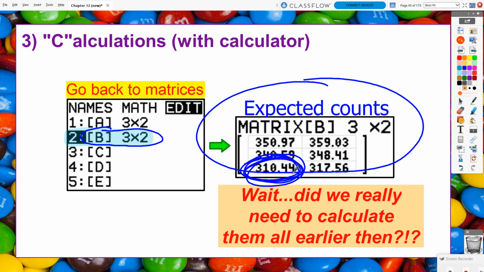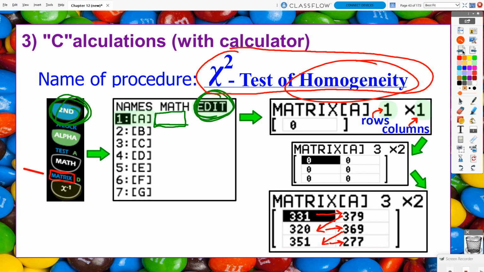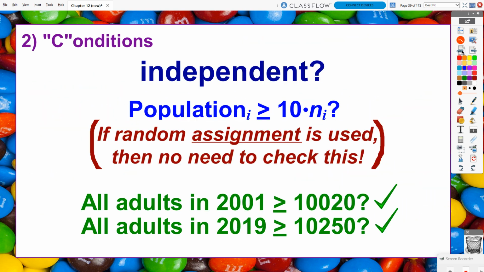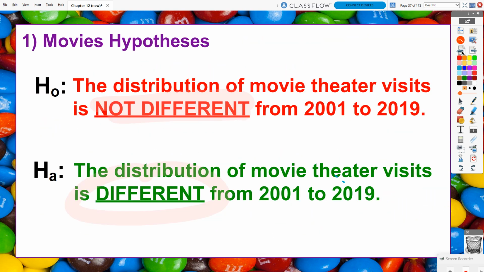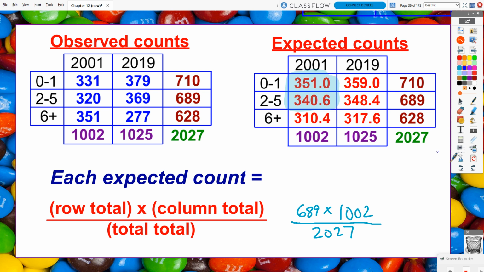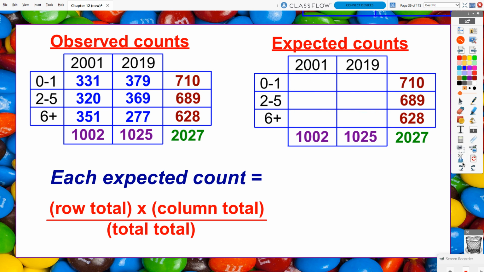The other thing you could do instead is, let me jump back to when we were doing the expected counts. When we were at this point right here, let me clear this off. The easiest way to find the smallest expected count is to look at your 3 subtotals for the rows and your 2 subtotals for the columns, and just identify the smallest numbers in each of those subtotals.